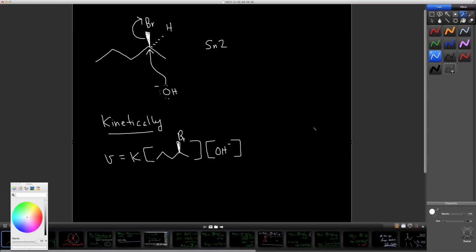Because this slow step is the only step, the stoichiometry of the slow step becomes the rate law. It's first order with respect to S2 bromopentane. It is first order with respect to hydroxide, so it is second order overall.